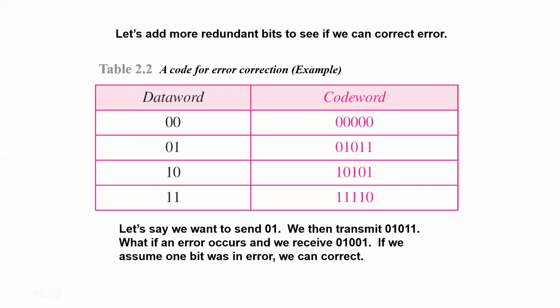We have the data word of 2 bits, so k is equal to 2, and a code word of 5 bits, so r is equal to 3. n is equal to k plus r, so n is equal to 5. How we choose the code word, we will see later. For now, let us see the error correction.